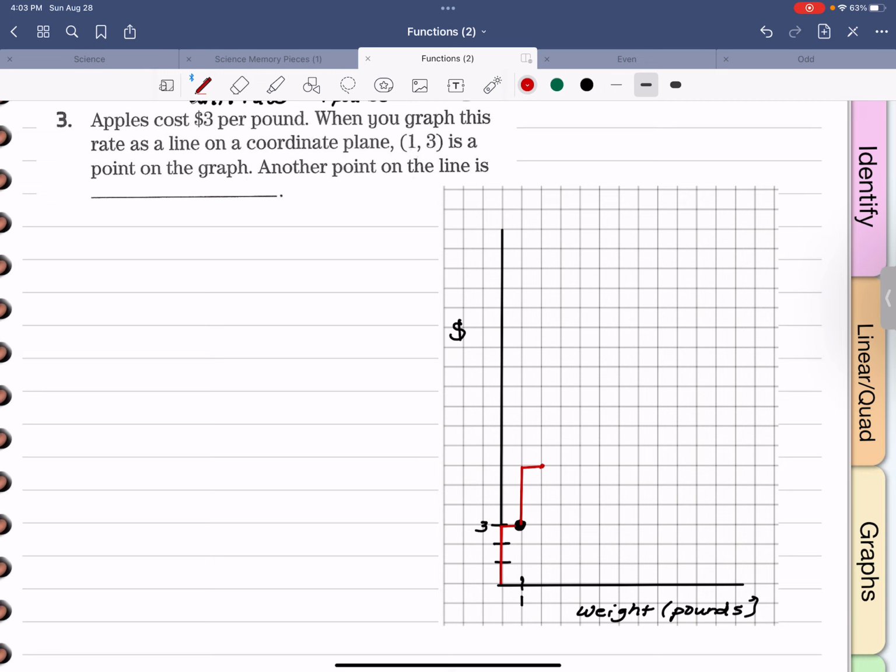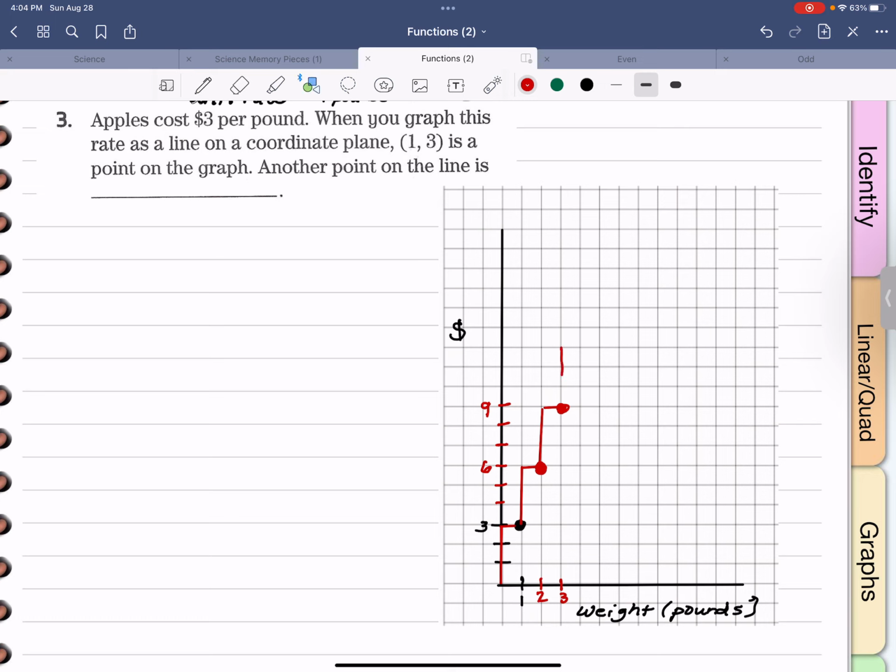So 2 pounds of apples would cost $6. If I rise 3 and run 1, 3 pounds of apples would cost $9. Let's do one more.